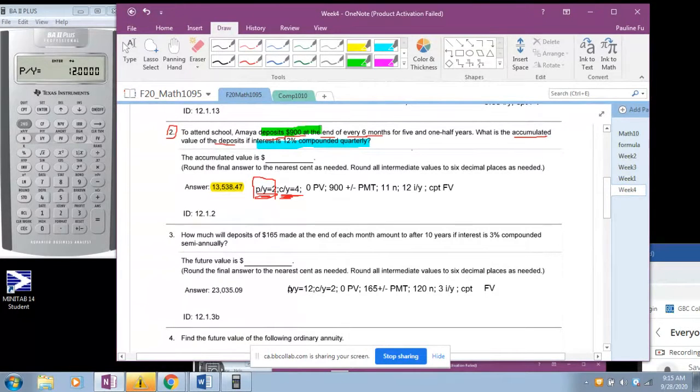This person deposits at the end of every 6 months. You make a deposit every 6 months. How many deposits do you make in a year? What is PY by definition? Number of deposits per year. So each year you make 2 deposits. That's right, Kaylen.